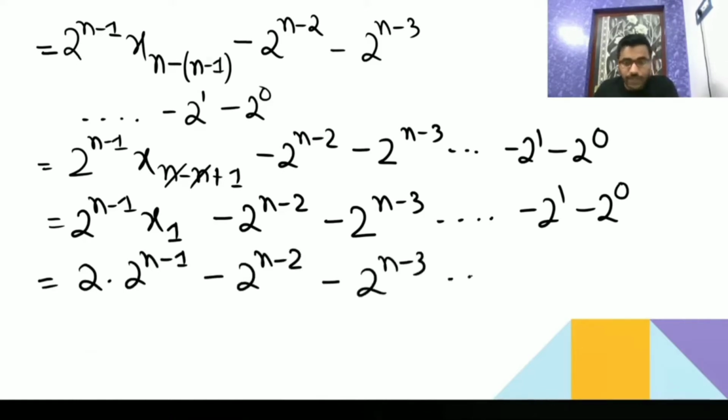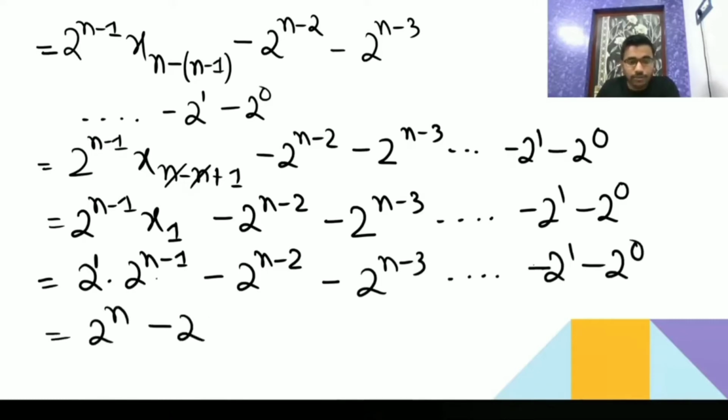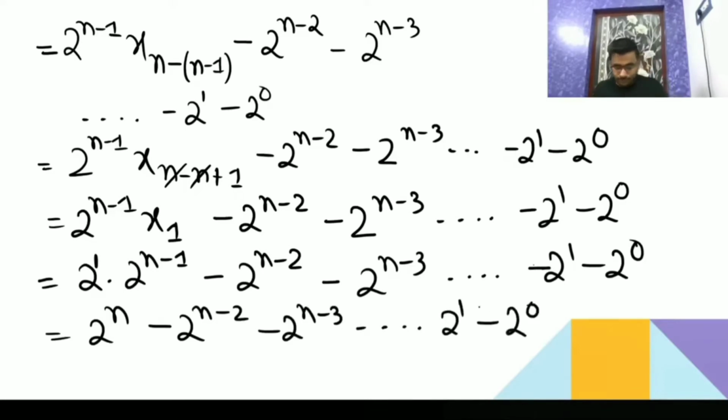Don't get confused anywhere. Then since its power is 1, you are going to get 2 to the power n, because 1 plus n minus 1 gives 2^n, then minus 2^{n-2} minus 2^{n-3}, like this, 2 to the power 1 minus 2 to the power 0.